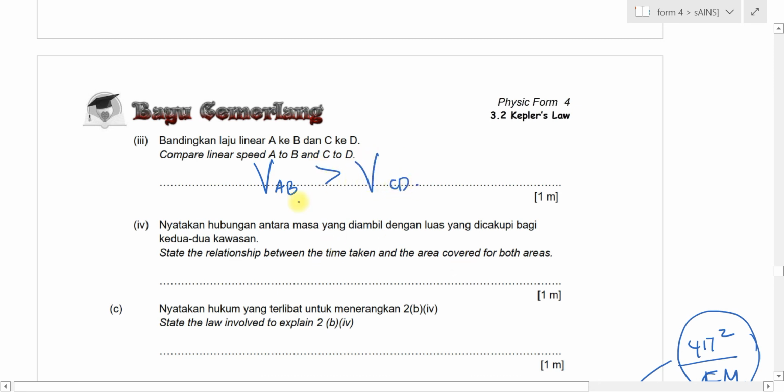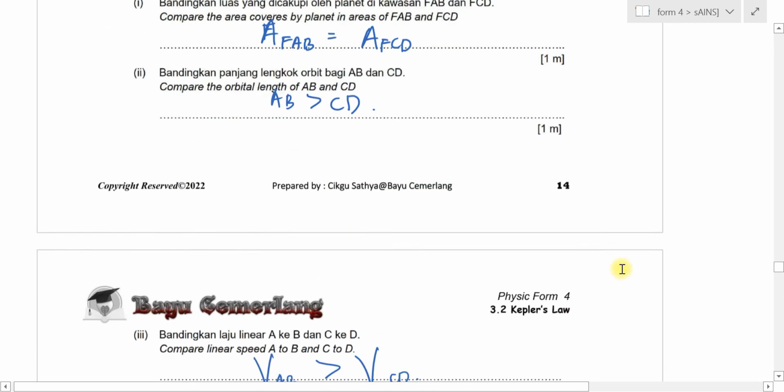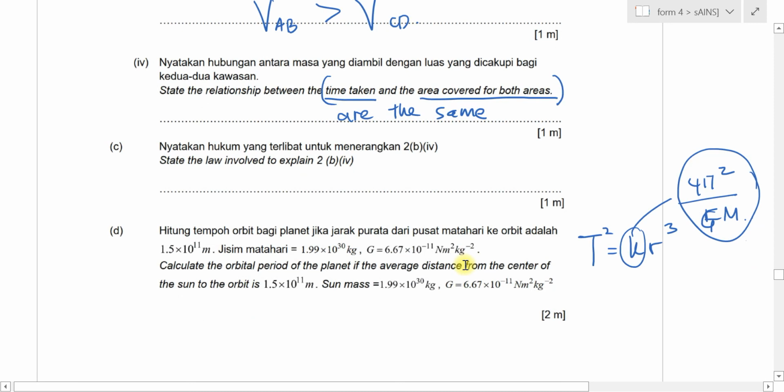What is the relationship between the time taken and the area covered by both areas? Same. Just now I told you, right? Area and time are the same. So the time taken and the area covered for both areas are the same. What law? Kepler's second law.